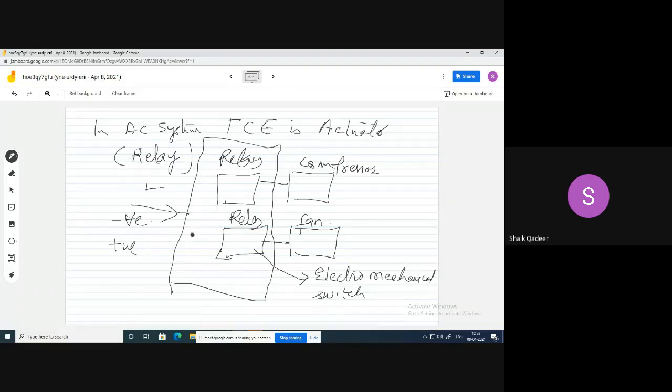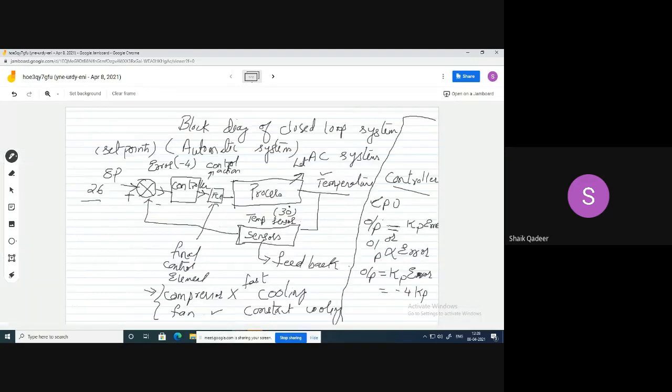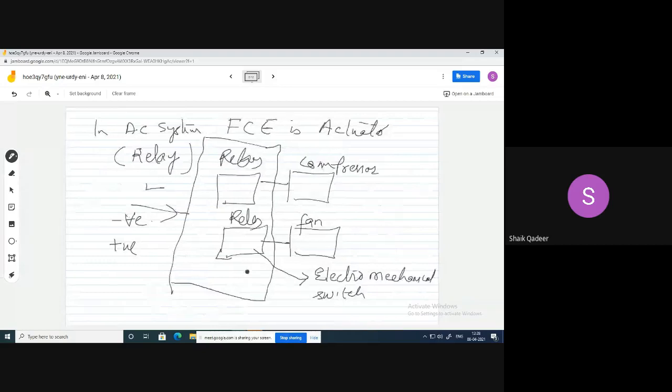So the computer, after observing a negative value from the output of this arithmetic equation, turns both relays on so that the compressor as well as the fan become on. If it observes the calculation to be positive, then the computer turns only one relay on. That is the relay to the fan, not the compressor.